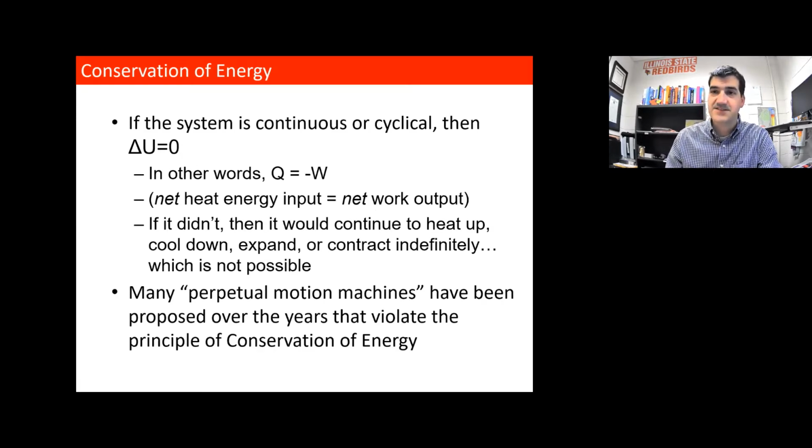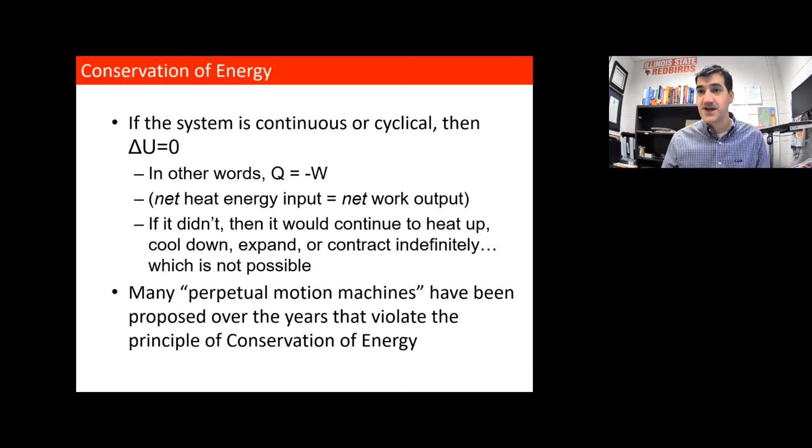If we have a system that is continuous or cyclical, kind of like a steam system where you can think about a molecule of H2O going around the loop of the steam cycle, or any of the thermodynamic processes that we talked about in the last video, for example a geothermal unit, an air conditioning unit, any type of refrigeration cycle, any type of heat pump, any of those are continuous loop processes.